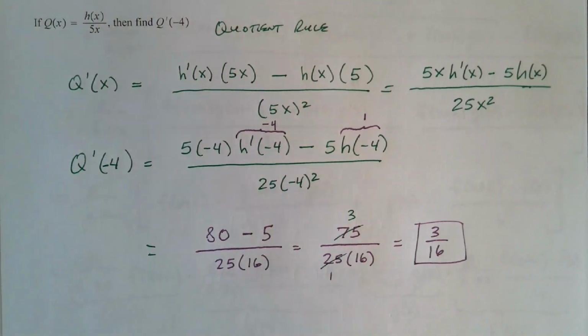Okay, so those are different types of problems that you can expect to see in the homework involving the product rule and the quotient rule, but also involving all the other rules that we've been learning, and there'll be a cumulative effect. So we've learned now what?